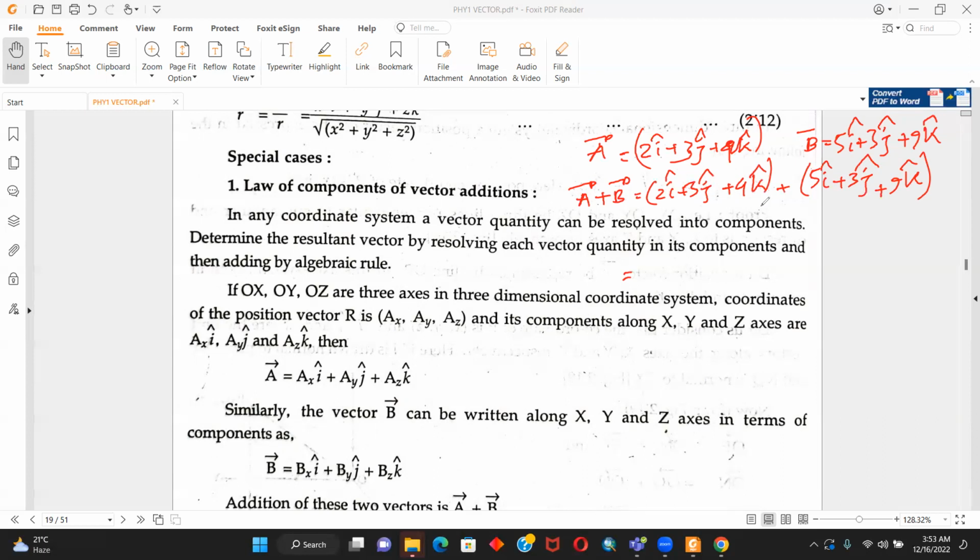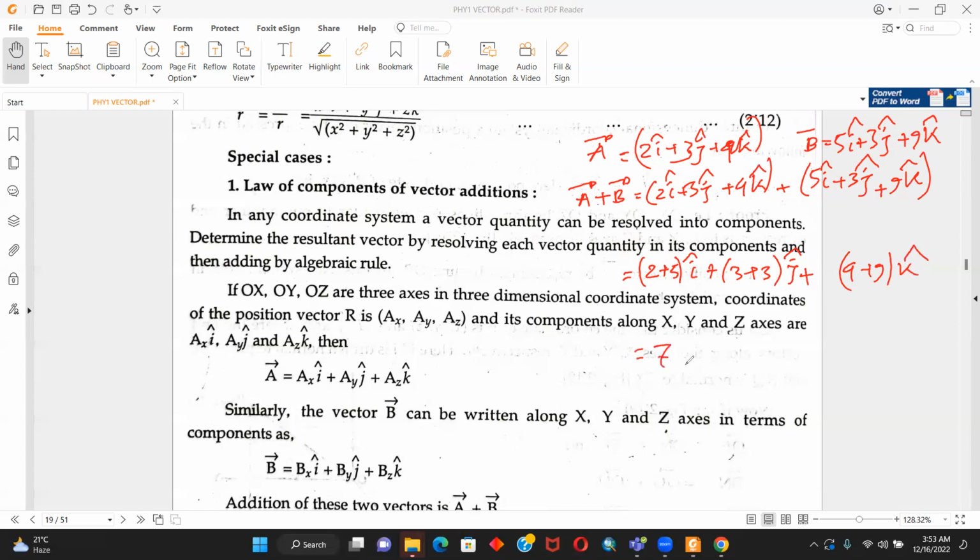Now, from general knowledge of algebraic summation, we know that we have to add the coefficients of similar terms. Similar terms here are the i's. So that means 2 plus 5 times i hat, plus 3 plus 3 times j hat, and plus 4 plus 9 times k hat.